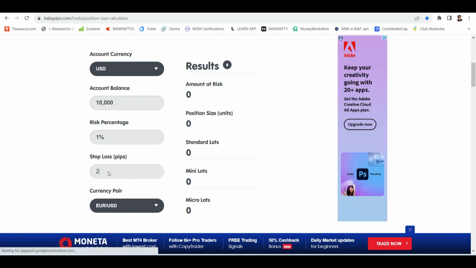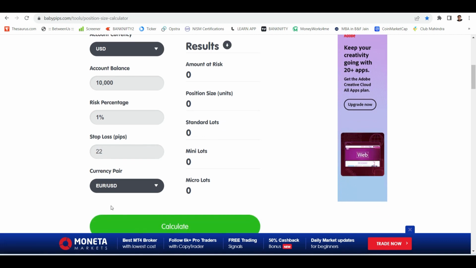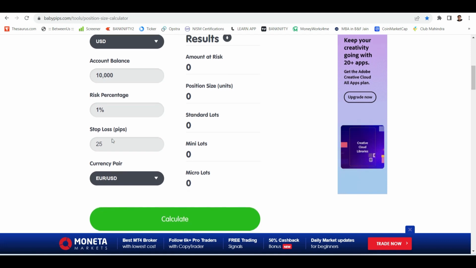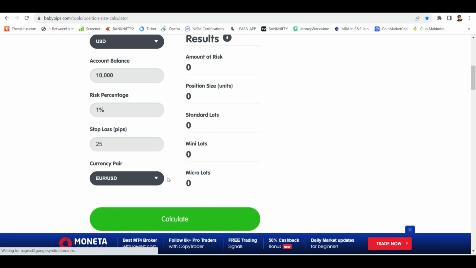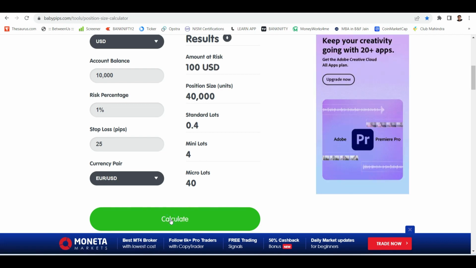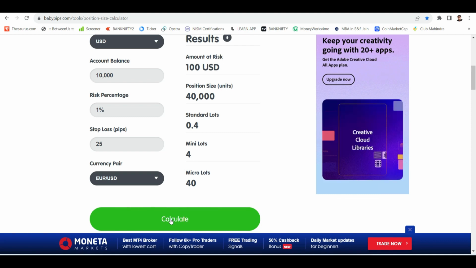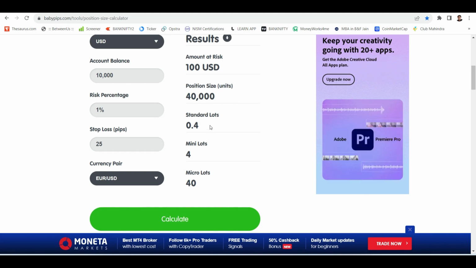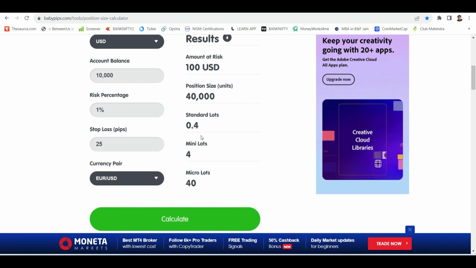So you enter 25 pips over here. And your currency pair is EUR/USD. Once you have put all these details in, all you have to do is click on calculate. So here it is clearly showing that you have to enter with 0.40 standard lot, 25 pip stop loss to take a 1% hit if the trade goes against you.